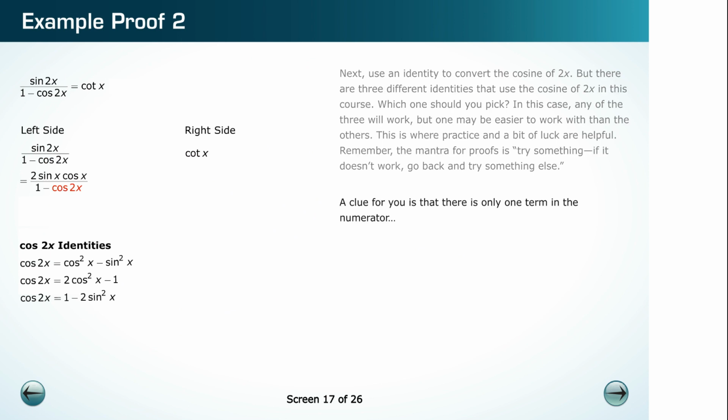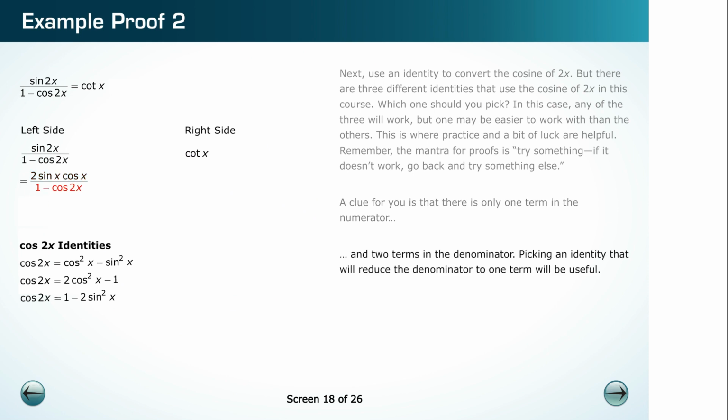A clue for you is that there is only one term in the numerator and 2 terms in the denominator. Picking an identity that will reduce the denominator to 1 term will be useful. Try the third identity.